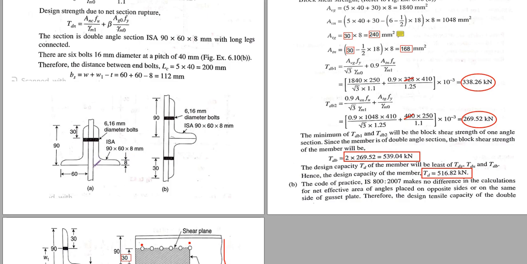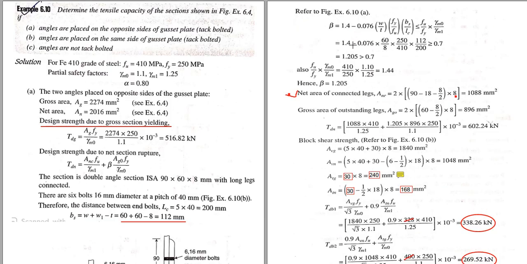So W plus W1 minus T, that means 60 plus 60 plus 60 minus 8, so it will be 112 millimeter. Next, beta will be 1.4 minus this w by t. Just put all the values here and you will get the answer.